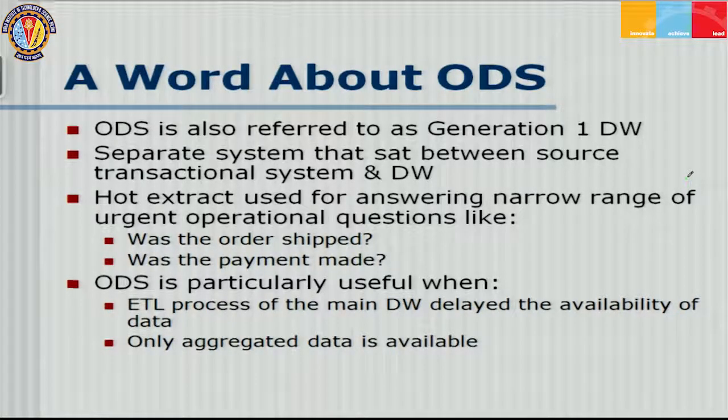So it is mainly about operational queries. And ODS is particularly useful when the ETL process of the main data warehouse delays the availability of data, because the ETL process would run only every day or every week or every month. So the data that you need is not there with you.